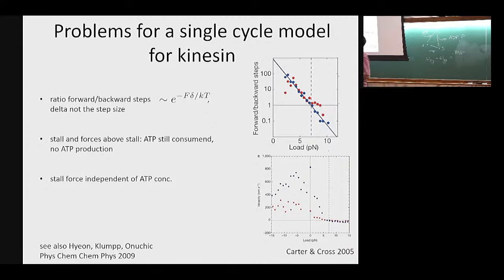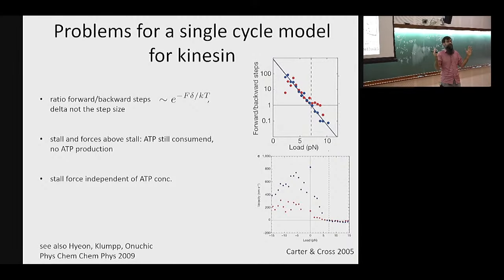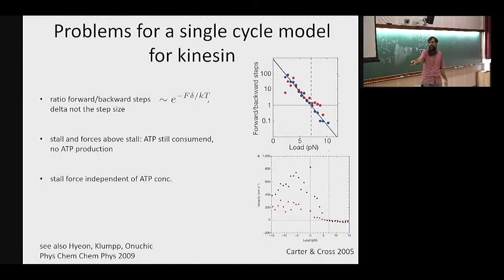And there are some indications that it can't be one cycle, because a single cycle is very constrained by thermodynamics. We have seen here that we have all these different constraints on the rates. And one thing you can see here is that if there is no flux in a single cycle, then you have to be in equilibrium. That's a very strong constraint.